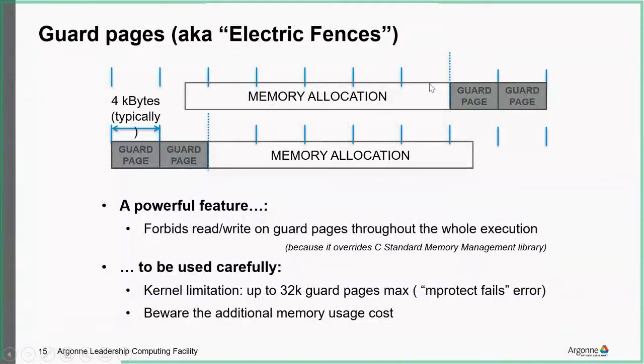And if for whatever reason your code touches this guard page when it shouldn't, DDT will alert you. But you do have to be careful when you use this feature, because every time you turn it on, it uses a lot more memory in addition to what you're currently using. I know with the KNL, this can be kind of tricky, especially if you're doing it for every rank on all of the cores. So that's just something to keep in mind.